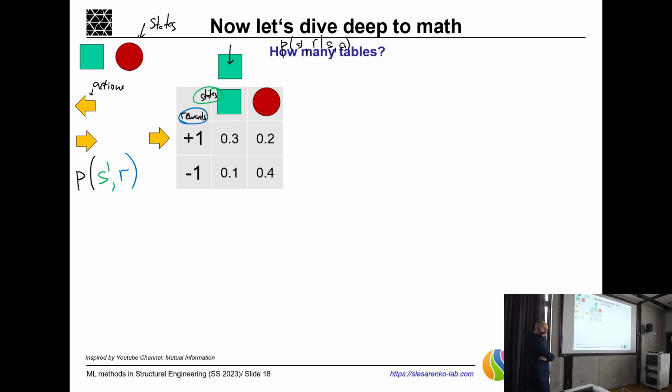How many tables do we need actually? No, we don't consider geometrical movement on the screen. We just look at the screen, and the screen shows us either a square or a circle.